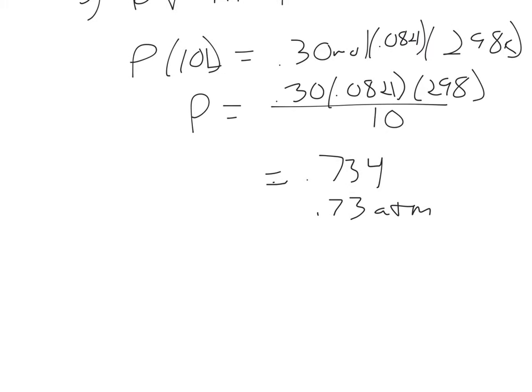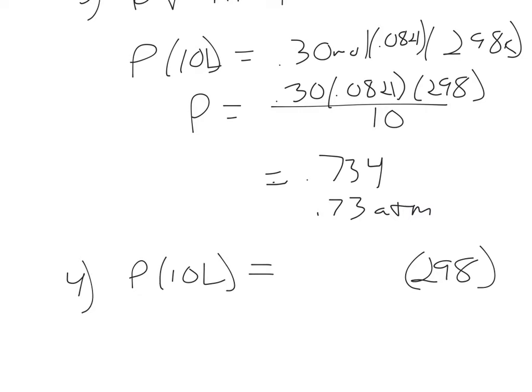We'll do the same thing for tank B, but plugging in different values. The pressure in tank B times 10 liters, because they're all the same, equals, it's 298 Kelvin over here. Oh, did they ask for tank B? Yes, so I'm doing number 4 now. Okay, 298 Kelvin, and in this case, it's 0.4 moles.